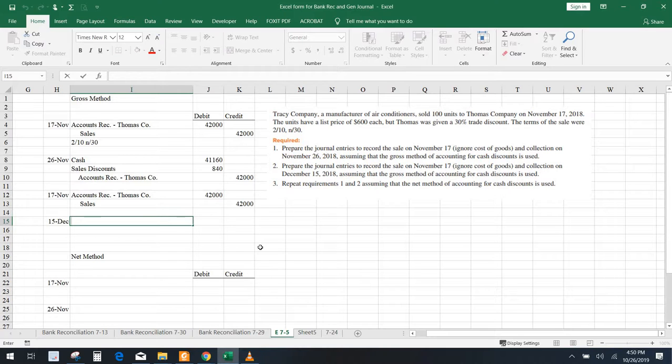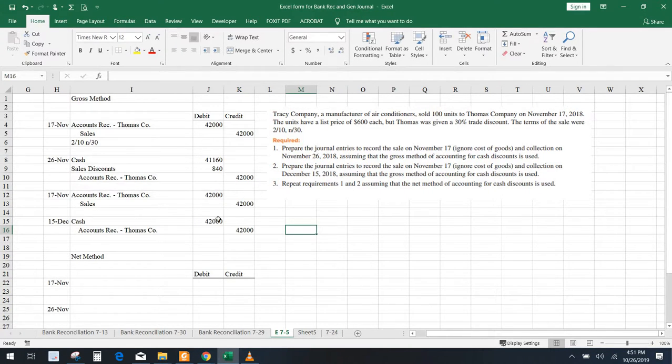They will not receive the discount, so our cash received will be the entire 42,000, and the credit to accounts receivable, Thomas, is for the full amount. Okay, so that reflects the difference between receiving a discount here and not receiving a discount here.